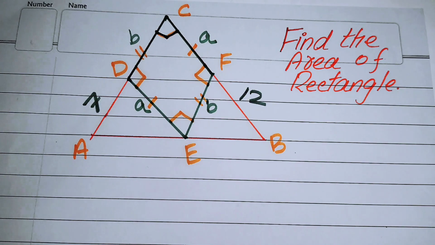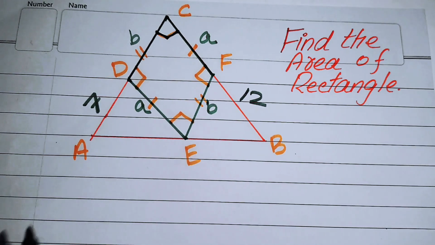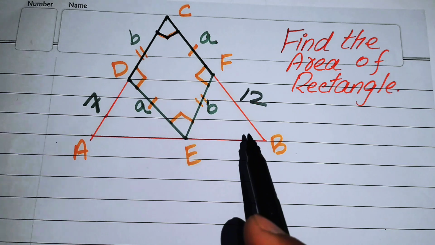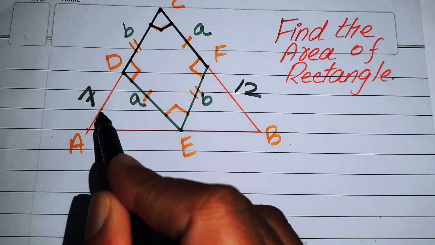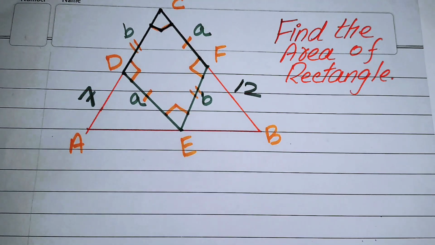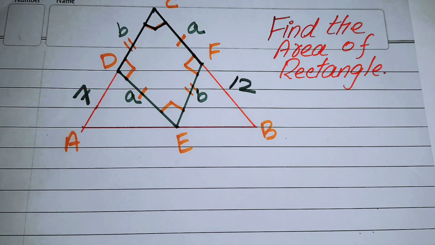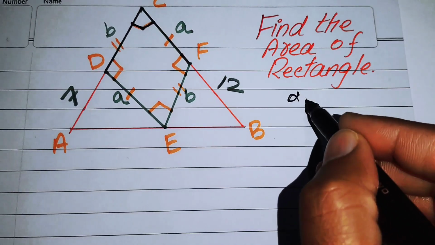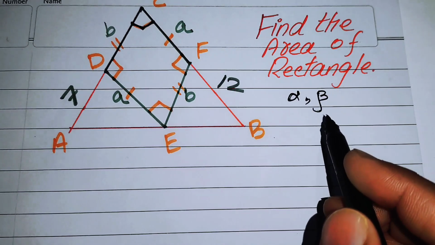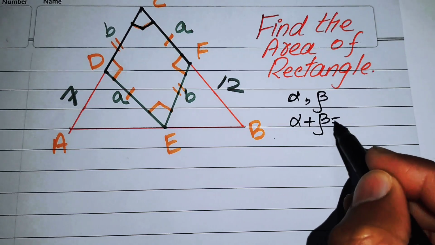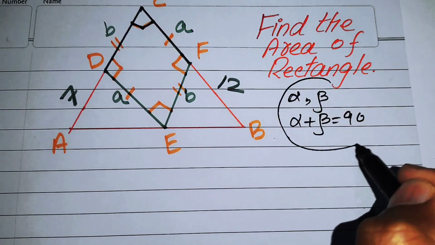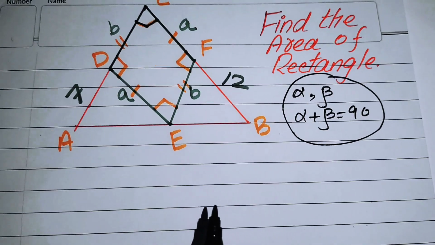You know that the sum of all the angles of a triangle is 180 degrees, so the sum of these two angles is 90 degrees. Here is the definition of complementary angles: any two angles alpha and beta are said to be complementary if the sum of alpha and beta equals 90.